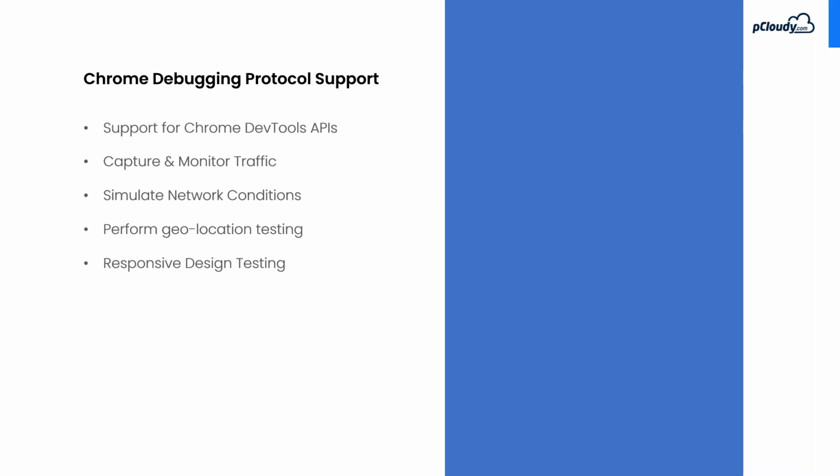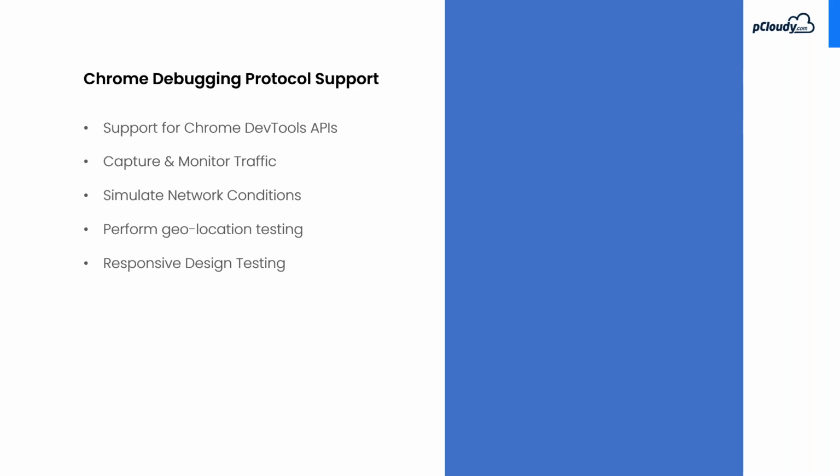You can monitor the network traffic, capture the networking conditions, simulate them, and also perform geolocation. All these are pretty much added as part of the new enhancement, and you can also change the resolution of the device and execute JavaScript, along with responsive design.